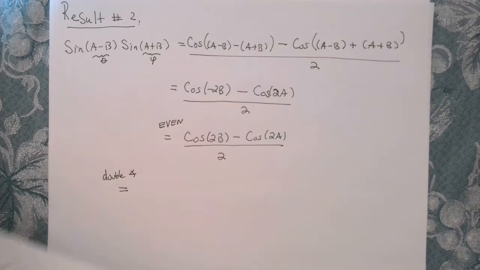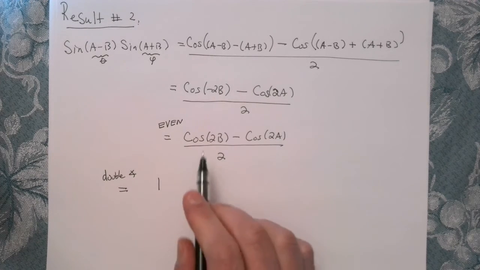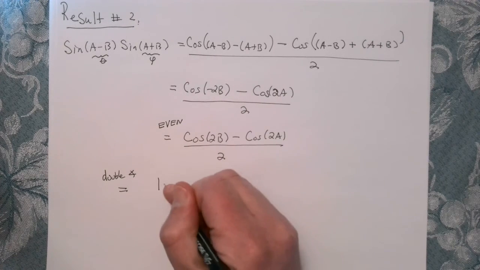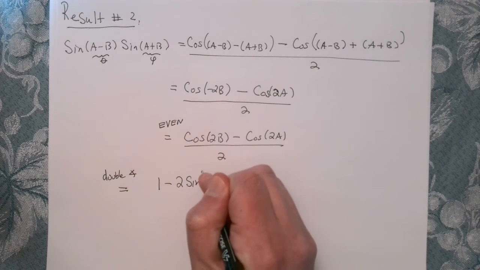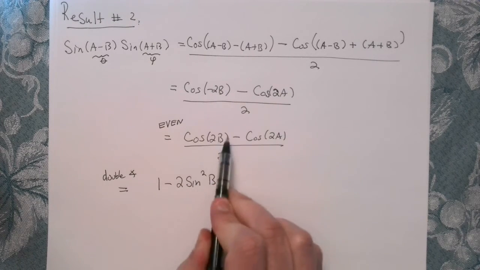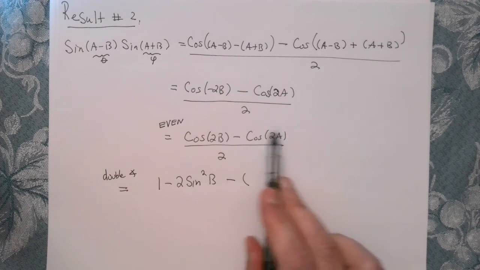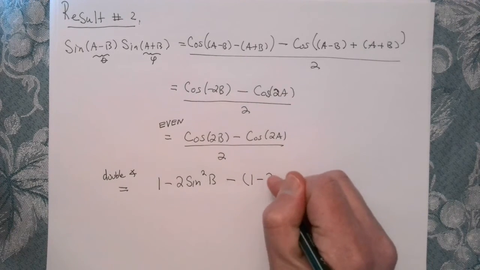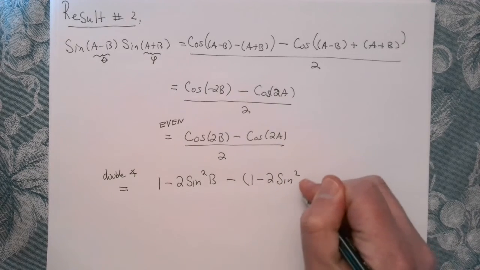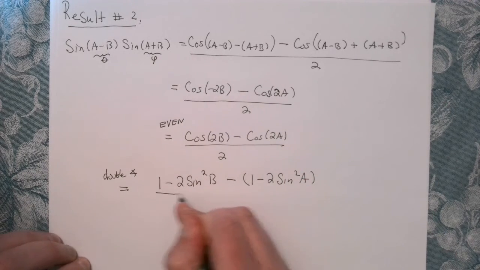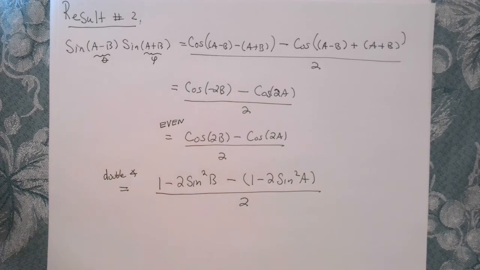We want to choose the version with a sine squared in it. So that's exactly 1 minus 2 sine squared of b. Okay, double angle formula, this is equal to this. And then double angle formula, this is equal to 1 minus 2 sine squared of a. So that's all over 2.